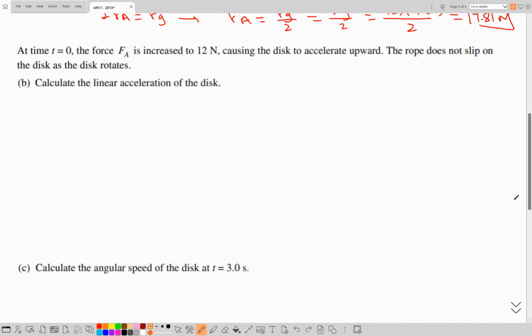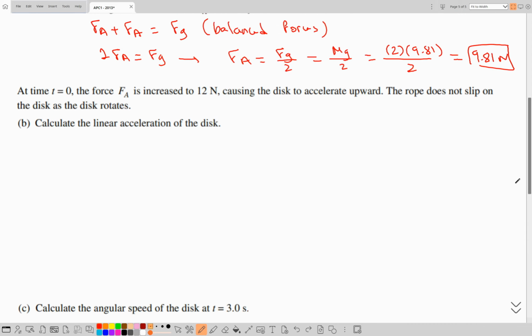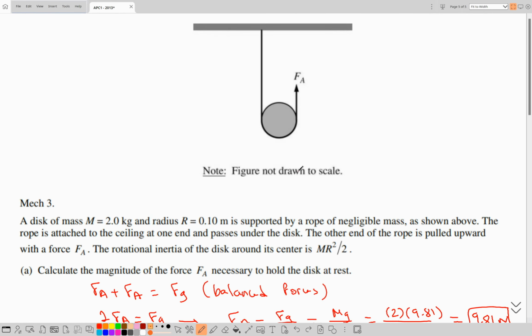Let me start. Let me indicate what's happening. Here we have Fa along this part of the rope. At the other part we would have another tension force, which is given by Ft. It's not important for us to draw an FBD, but I will represent them here, and we have the pull of gravity down, which is given by mg.